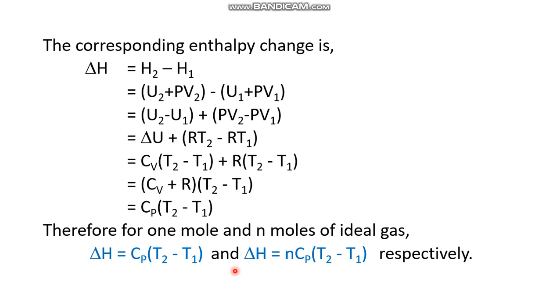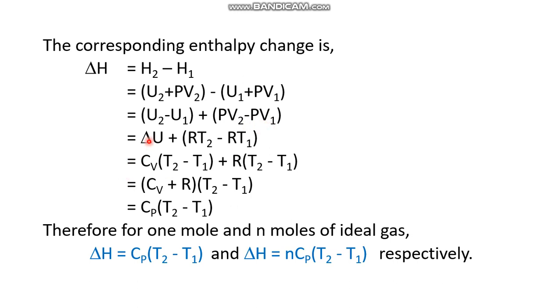Now finally the expression of delta H. So delta H is nothing but H2 minus H1. The expression of H2 is U2 plus PV2, and H1 is U1 plus PV1. So take the U terms together and the mechanical energy terms together: U2 minus U1, and here PV2 minus PV1. You can write U2 minus U1 as delta U, and PV2 as RT2, and PV1 as RT1.